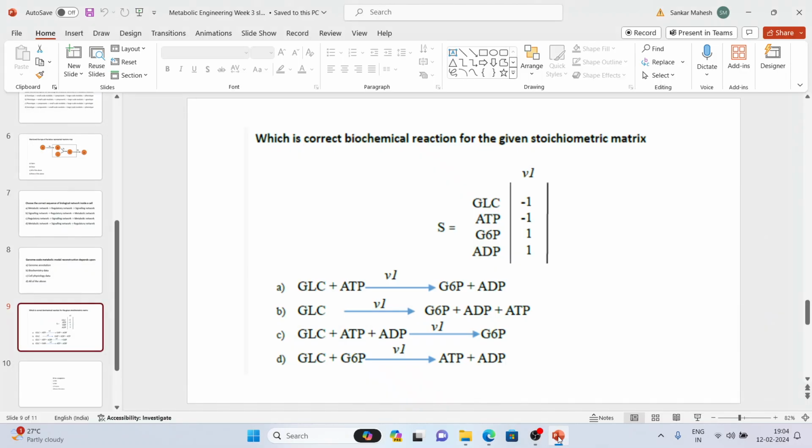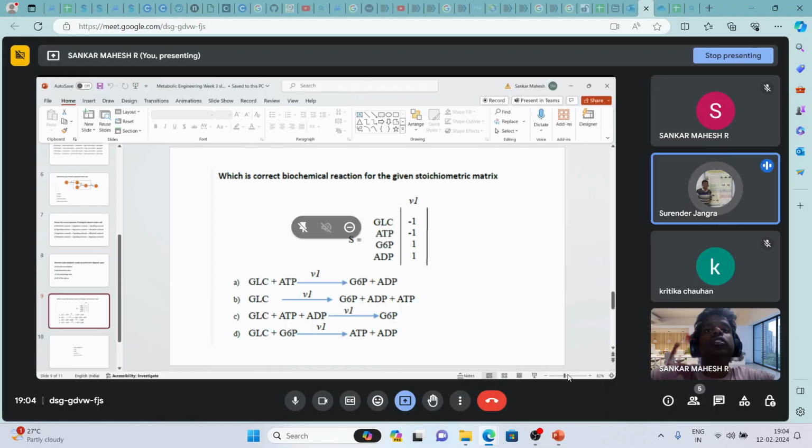Can you explain again why minus one, plus one? Sure. These stoichiometric matrices are usually constructed from the reactions. In the reaction, we have reactants and products. Reactants are consumed during the reaction and products are produced. To represent that in a matrix format, we represent metabolites that are consumed in negative terms and metabolites that are produced in positive terms.